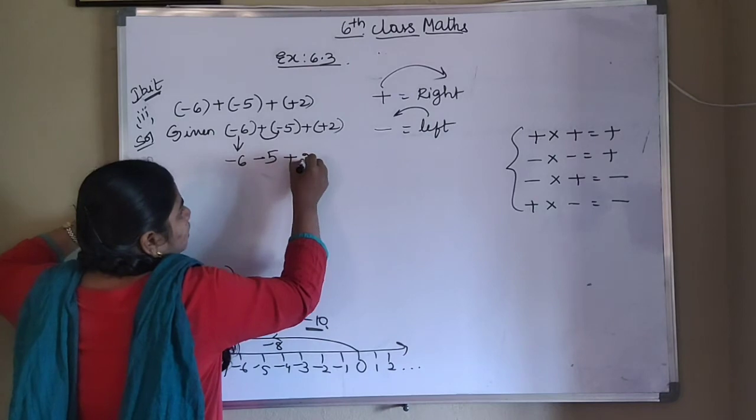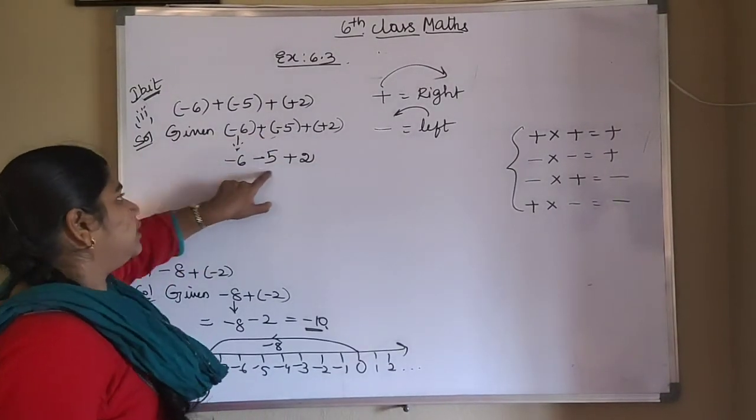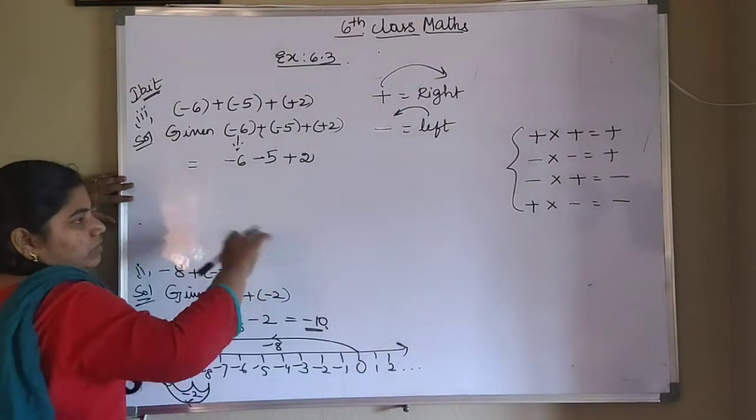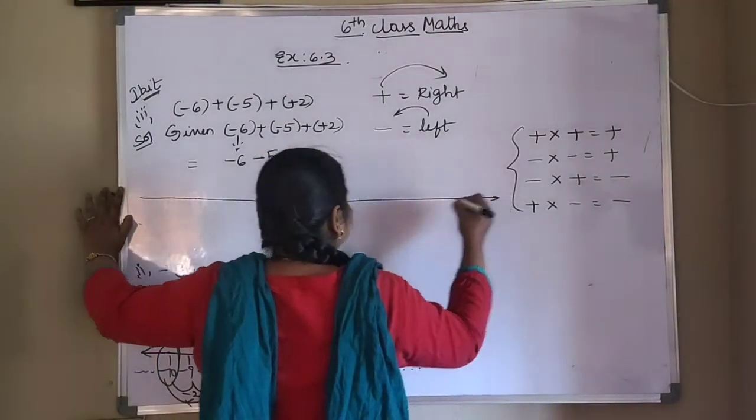So plus 2. Okay. Now this part we will represent on a number line. So which part we will represent? This part we will represent on a number line. So draw a number line.